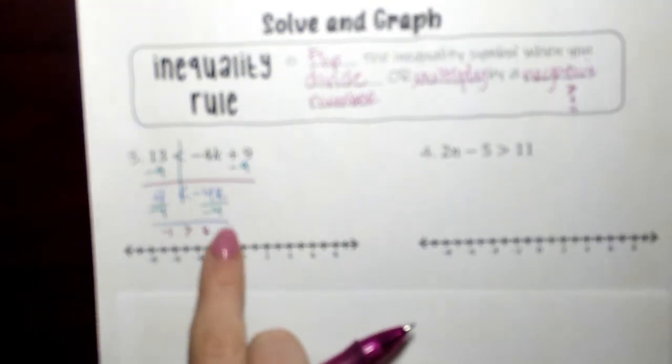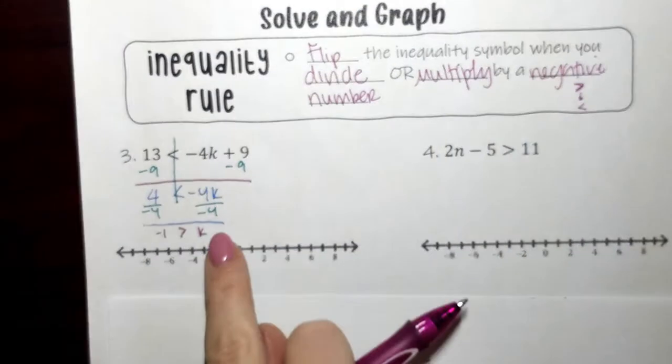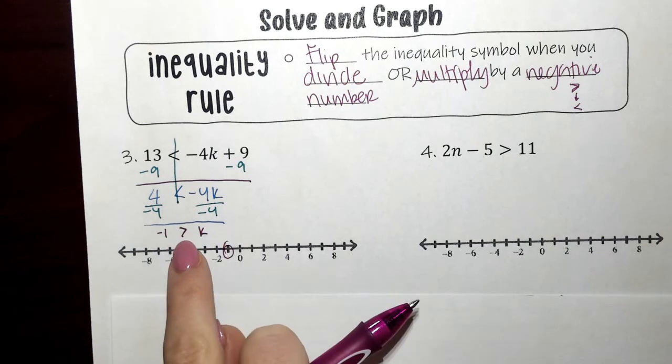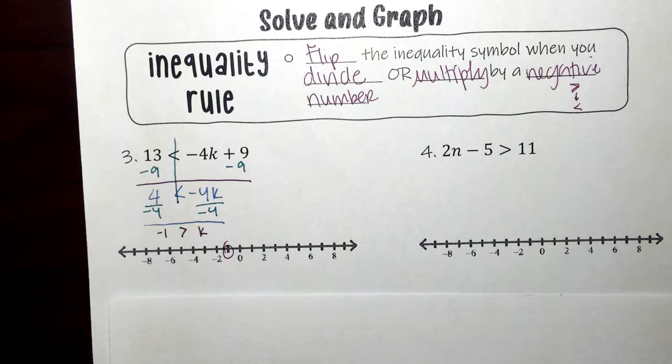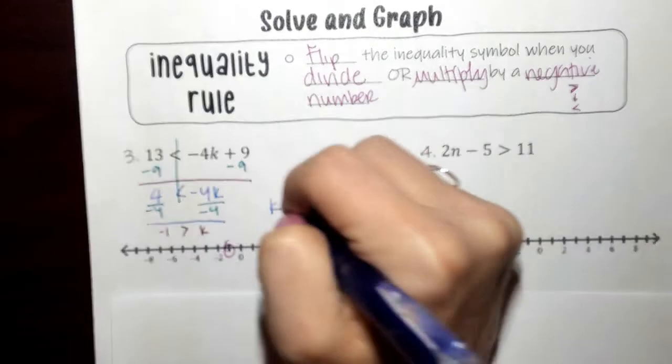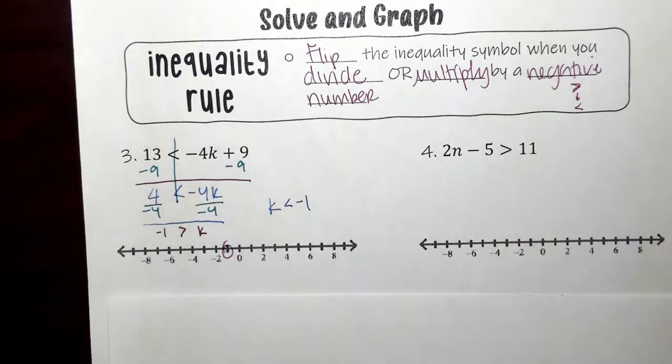So this is the challenging part: if our variable is on the right-hand side, then it's opposite of the way that it's pointing. So it would be easier if we would write this as k is less than -1.